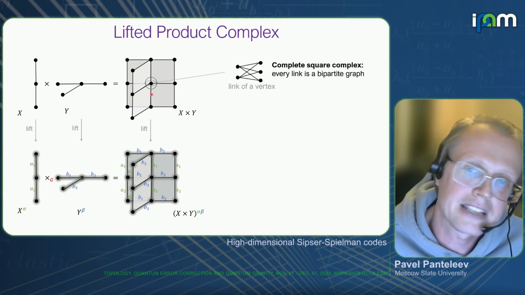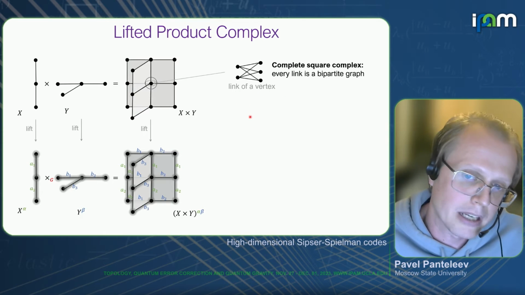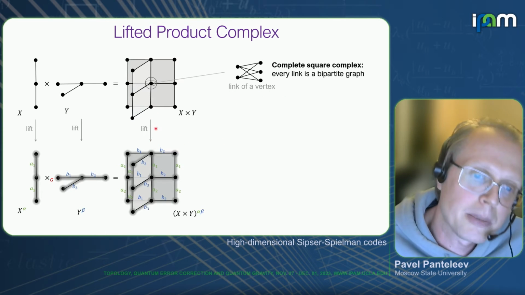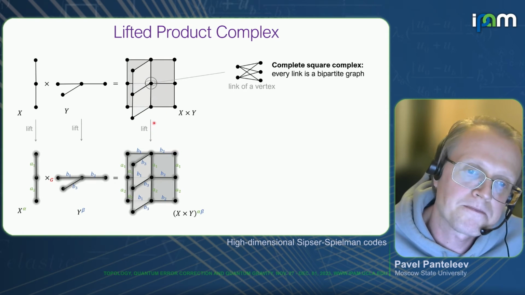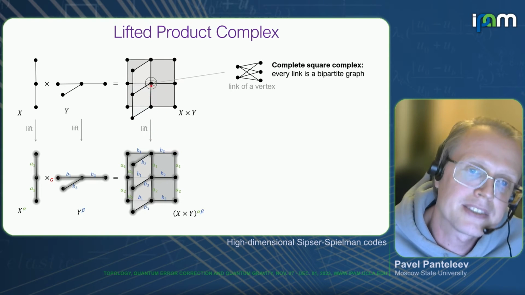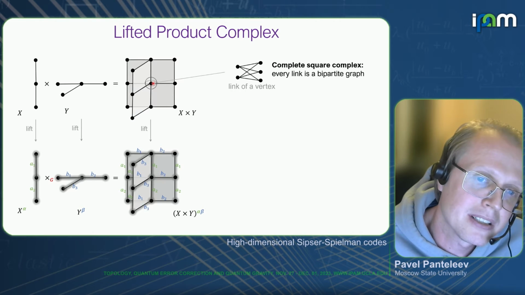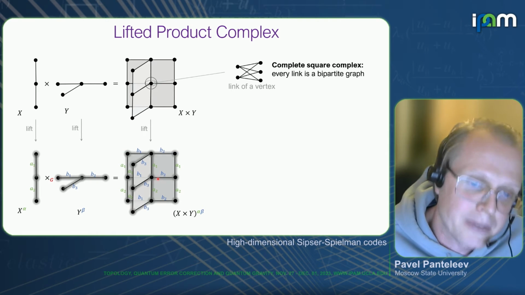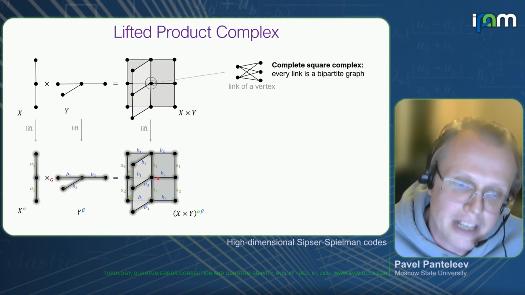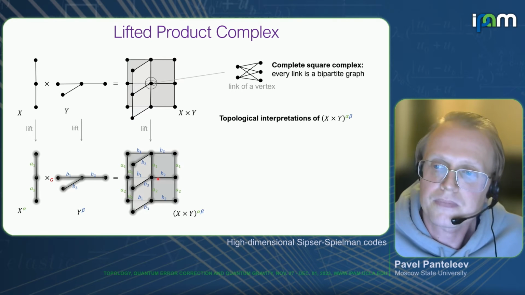Square complexes that have this property are usually called complete square complexes. And since we apply covering here, if we had this property in our base complex, then we also have this property in its covering.